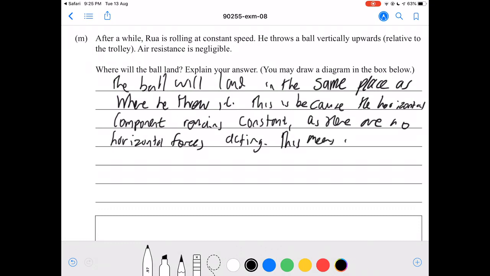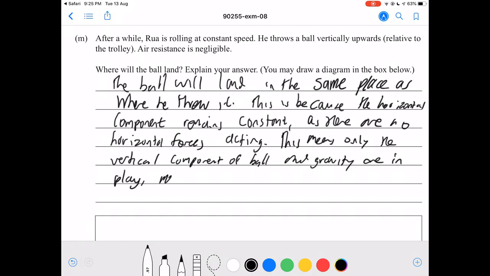This means only vertical component. So what I've said here is that the horizontal component remains constant because there are no horizontal forces acting. Therefore, this means that there are only the vertical component and gravity in play, okay?